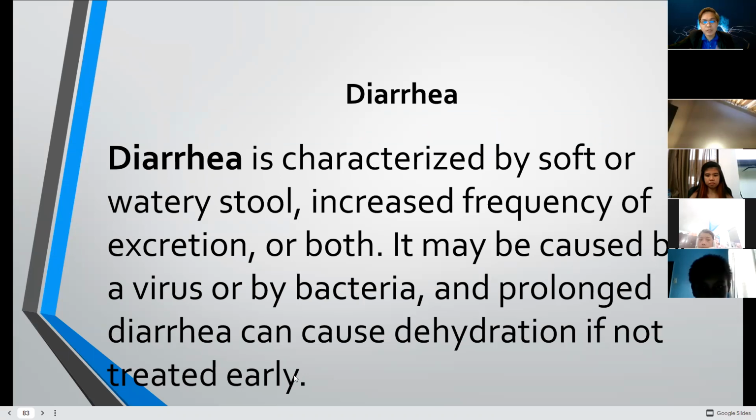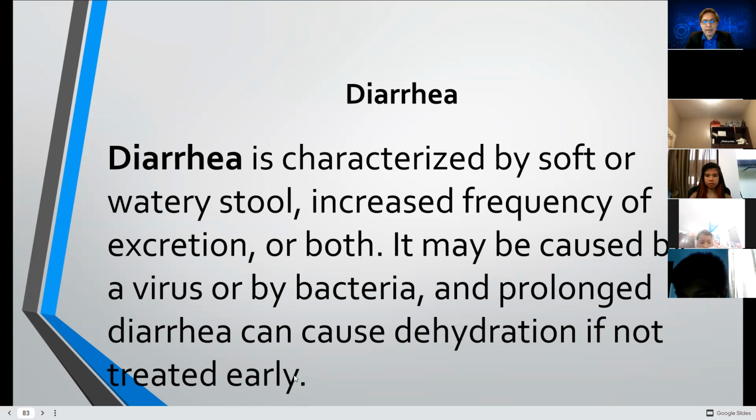What are the possible causes of diarrhea? Number one is the amoeba. Amoeba is a protozoan, an animal that enters your digestive tract through dirty water.